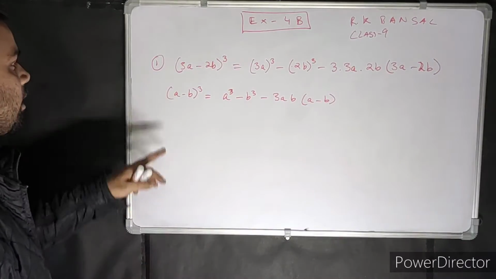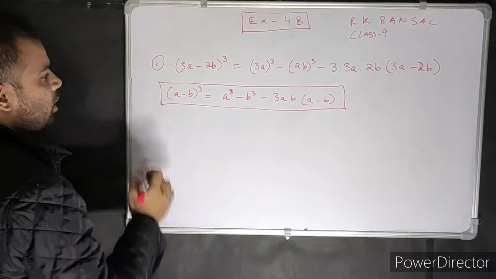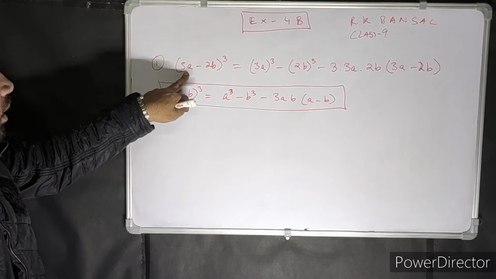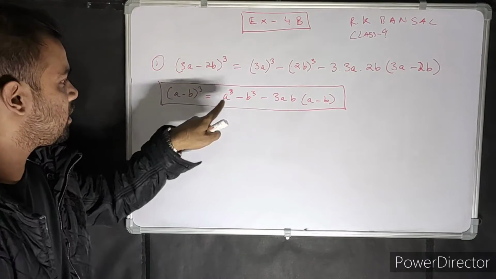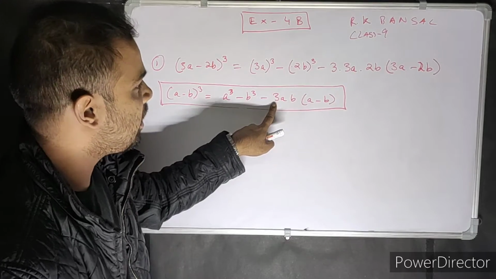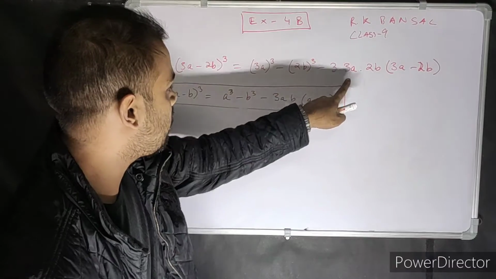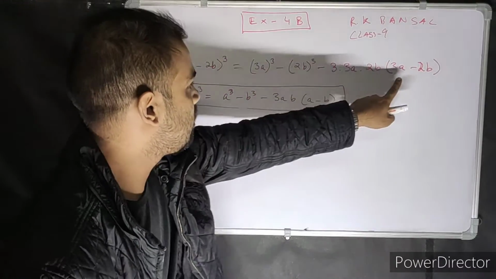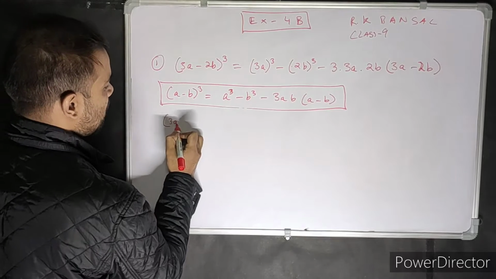So here what is the a? This is the formula that I have used. This whole thing is a and this whole thing is b. So a cube minus b cube, minus 3 is already there by default, 3a and 2b, then a minus b. Simple. Now after that, just copy this left part.